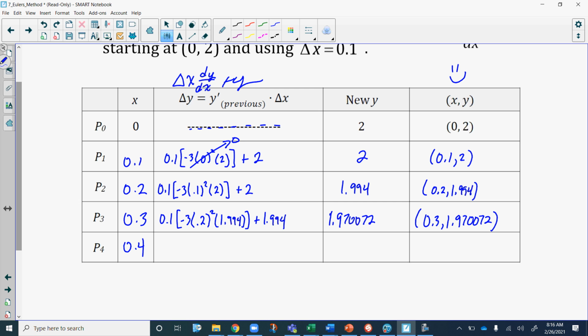And so the last row here, this is usually where the answer choices are going to be, or this is where you would find the solution that you're typically going to be asked to find. It's like, what would it be after the fourth step, kind of thing. So here, 0.1 times the results of the differential equation, -3, substitute the previous x value, 0.3 squared, times the previous y value, 1.97072, plus the previous y value, 1.97072.